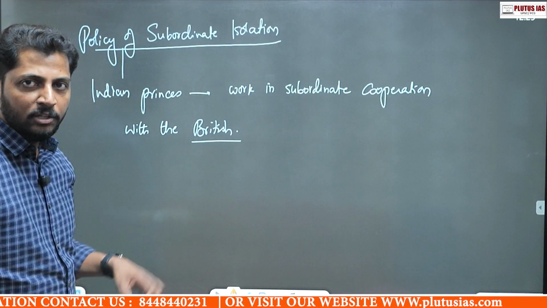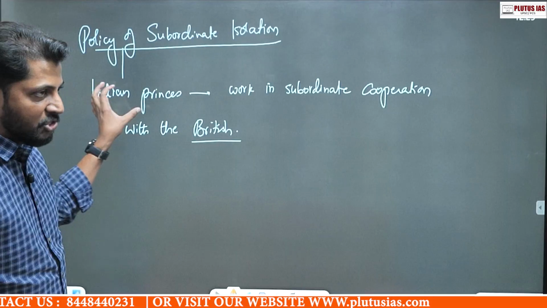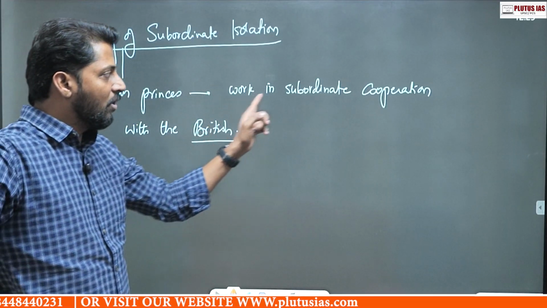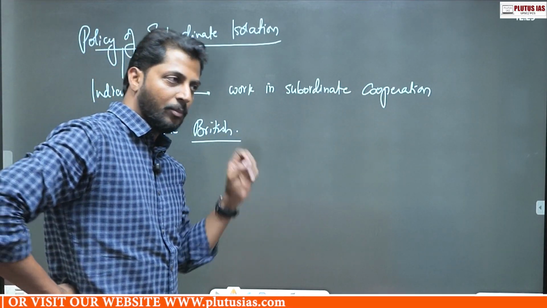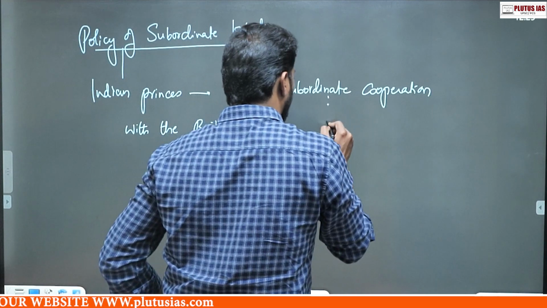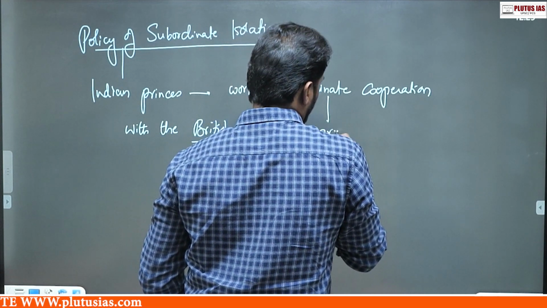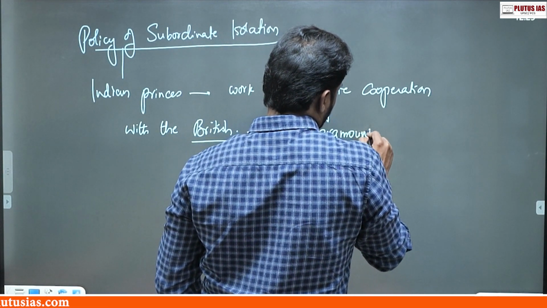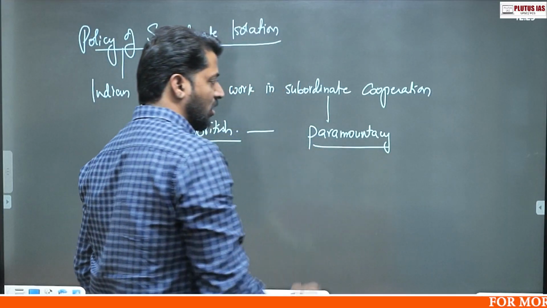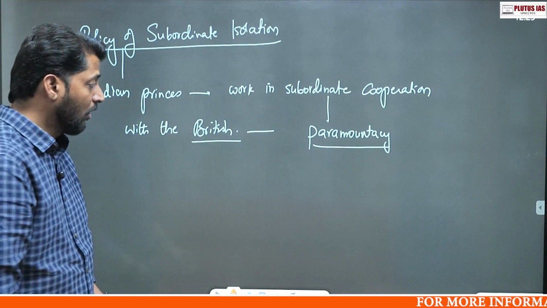Understood? So under this policy, the Indian states or rulers have to work in subordinate cooperation with the British. In fact, we can say this is the beginning of British paramountcy.